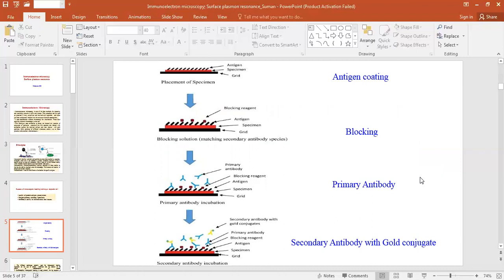So in preparation for transmission electron microscopy, samples are usually fixed with aldehydes. So what type of aldehydes can we use here? We can use formaldehyde, butyraldehyde, or a combination of the two.